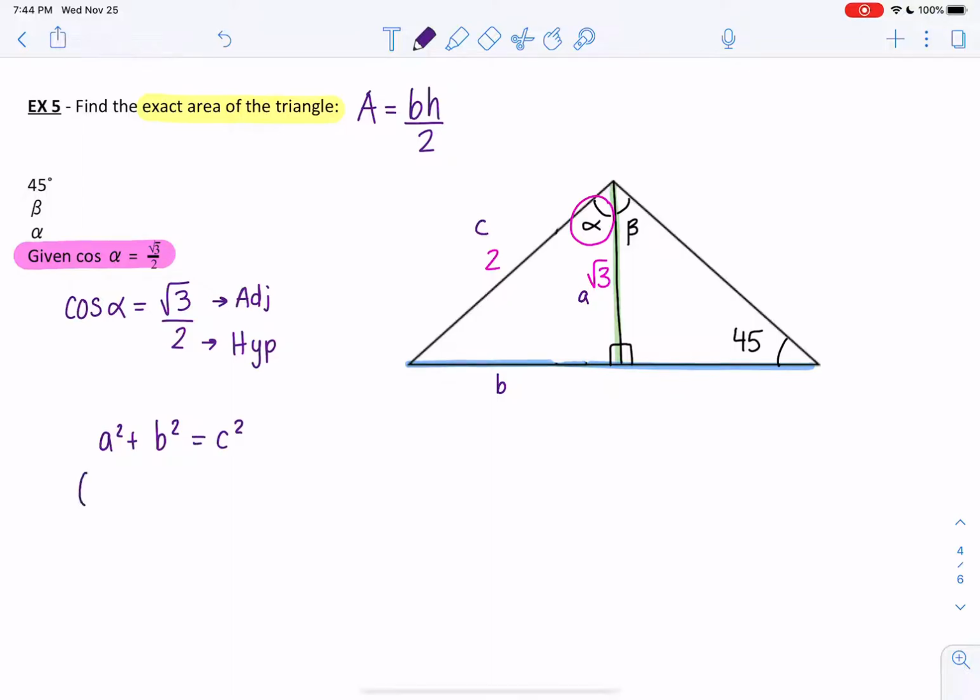So we'll have root 3 squared plus B squared equals 2 squared. So we'll have 3 plus B squared equals 4. And then we'll move that 3 over. B squared equals 1. Square root both sides, and we'll get B equals 1. So that means from here to here, we have 1.